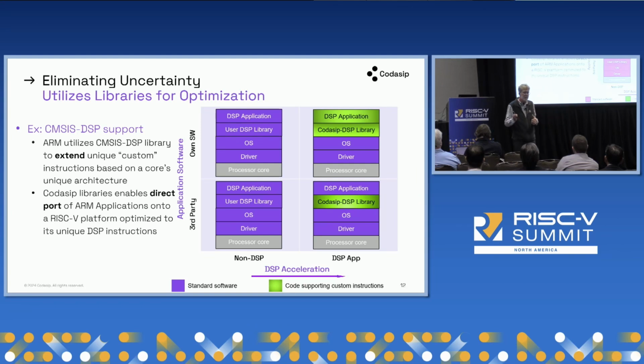Now, you take a look at uncertainty. If you look at the ARM model, they use libraries, CMSIS. And what does CMSIS really do? It abstracts the hardware, the core, from the software application. So if you use CMSIS, for example FFT, I can run that software application on M0+, M4, and M7.